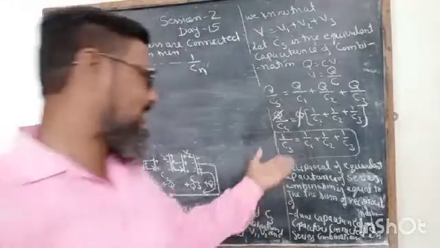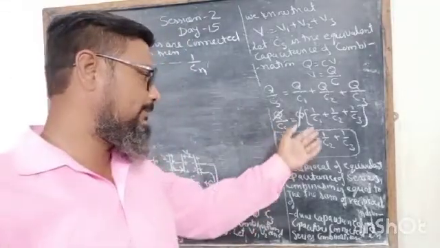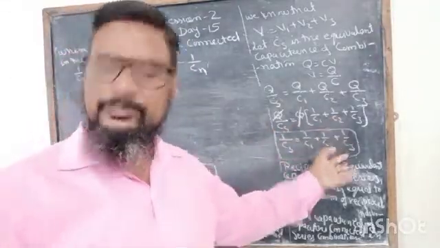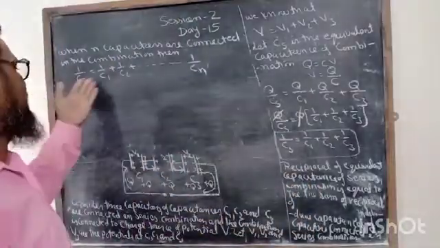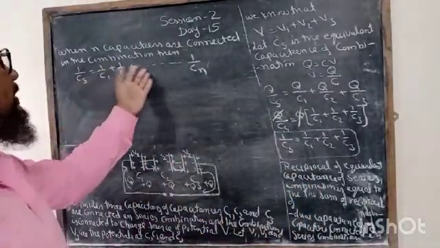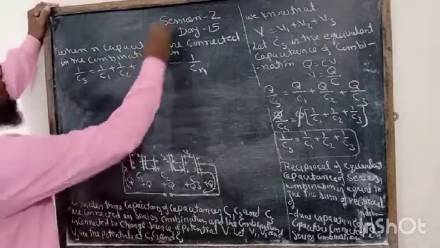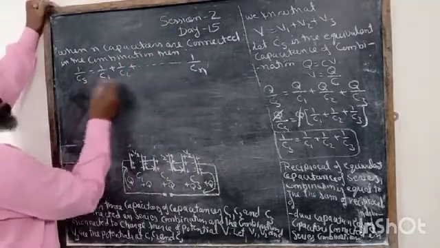If 3 capacitors, then 1 upon Cs is equal to 1 upon C1 plus 1 upon C2 plus 1 upon C3. If n capacitors, 1 upon Cs is equal to 1 upon C1 plus 1 upon C2 plus up to 1 upon Cn.